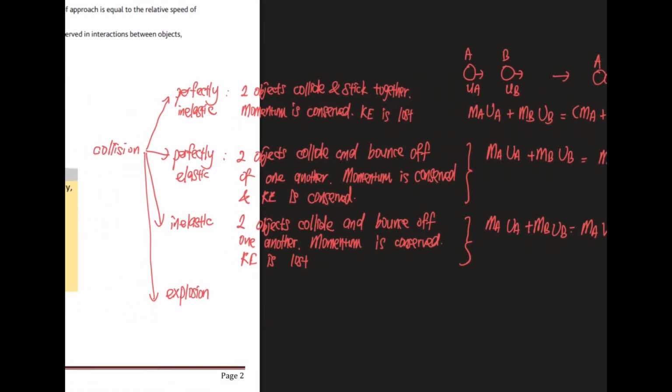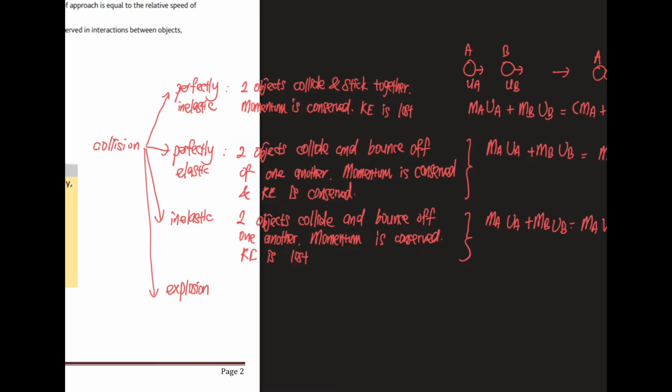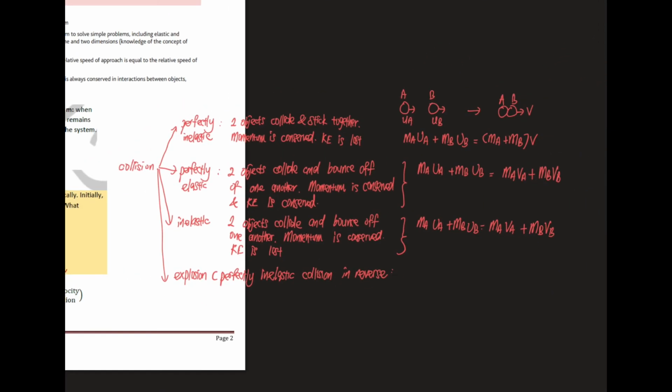Explosions. So explosion is actually perfectly inelastic collisions in reverse. So imagine that the two objects stick together at the beginning. As you can see here, they stick together. After collisions, they will separate. Okay, so let's say I draw pictures here. So we have A and B that stick together.